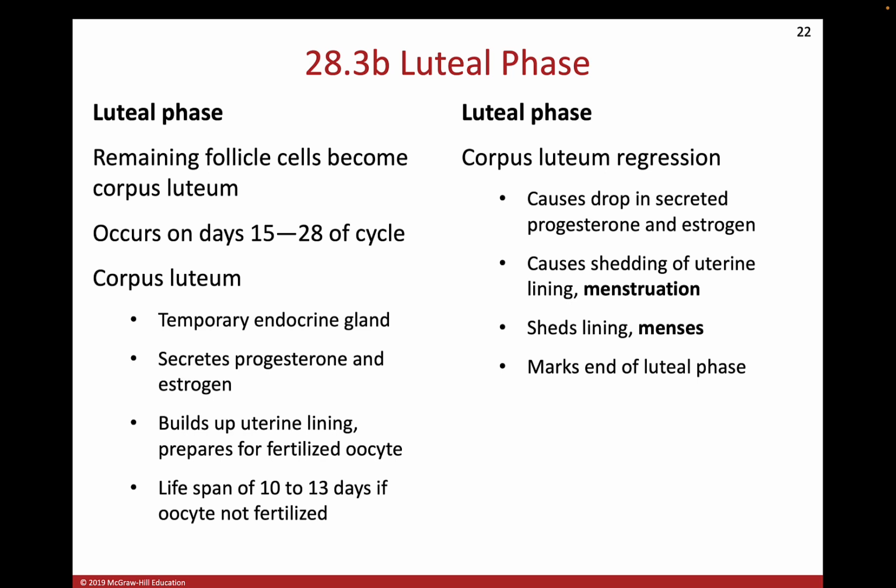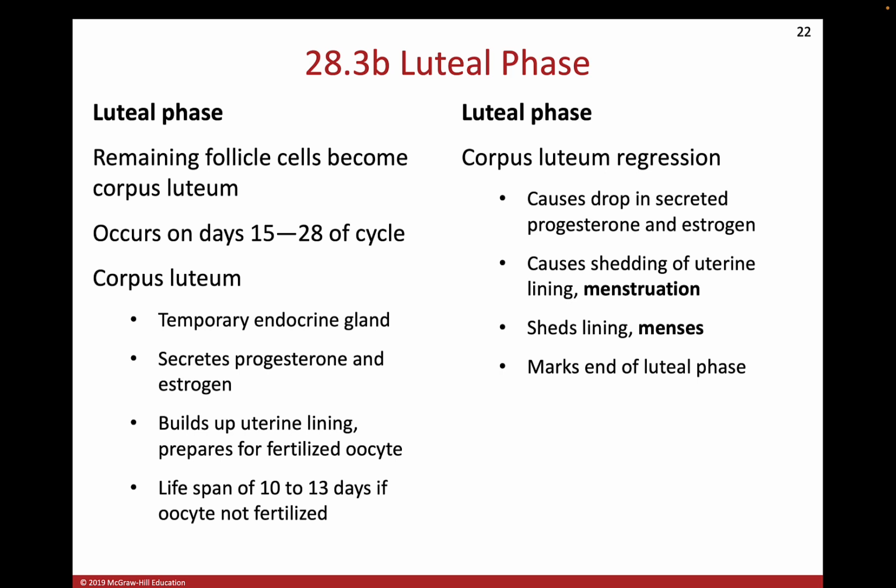And this is important. Remember, this has taken place post-ovulation, and there is the potential for the egg to be fertilized. So once we start to see increasing levels of progesterone, this signals the buildup of the uterine lining to prepare for a fertilized oocyte. Now, the corpus luteum has a lifespan of 10 to 13 days if the oocyte is not fertilized.